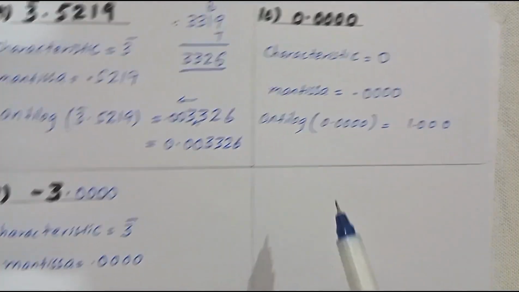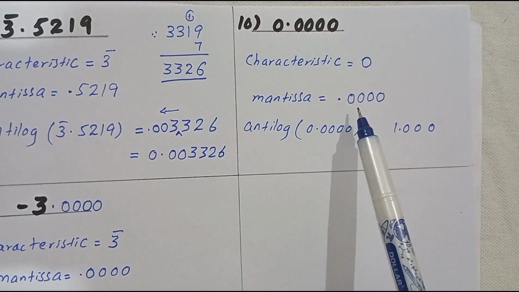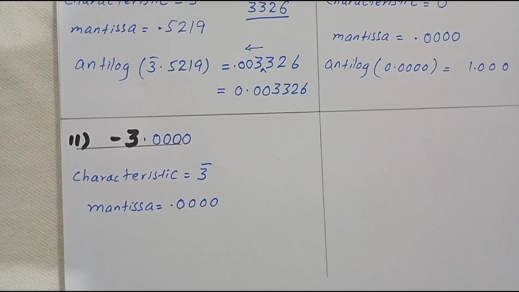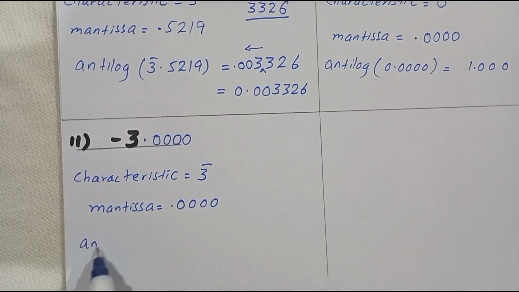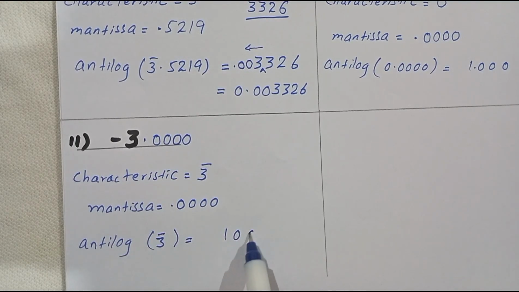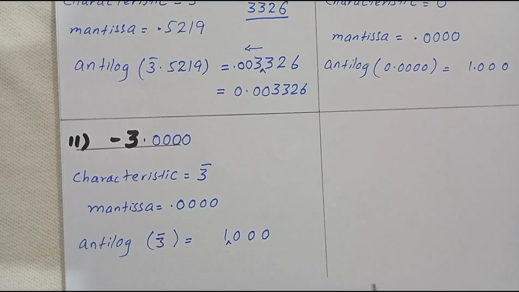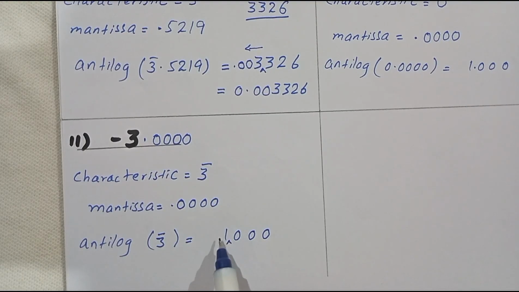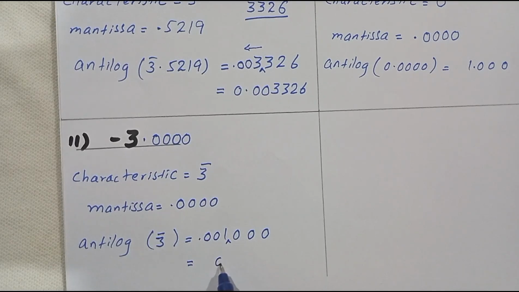As in previous part, the value of mantissa 0.00 in 0 is 1000, so in this part the answer remains the same, and the antilog of -3 equals 1000. As reference position is after 1 and the characteristic is -3, it means we have to move to the left side counting 3 digits from reference position, that is 1 2 3, and then place the decimal. So the final answer is 0.001.